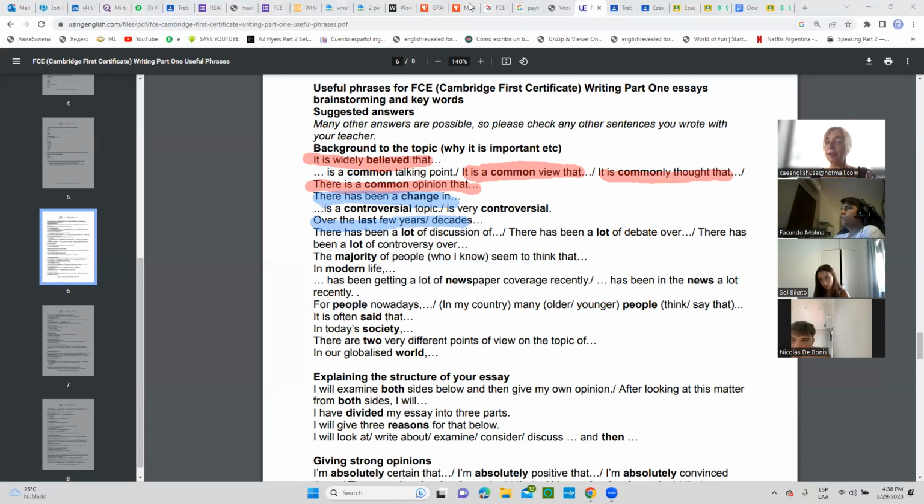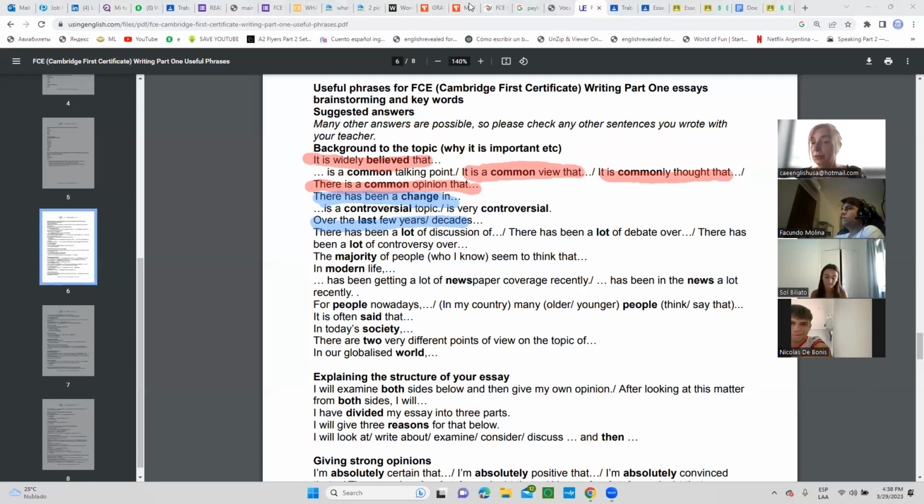So let's say, for example, that the essay task was that you have been discussing in class with your teacher the changes in education, or the different ways that education has changed from the past up to now. So it is widely believed that there has been a change in the education system over the last few years, or over the last few decades.